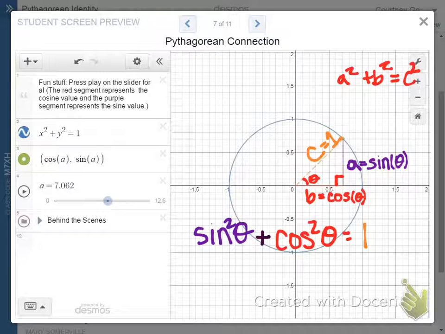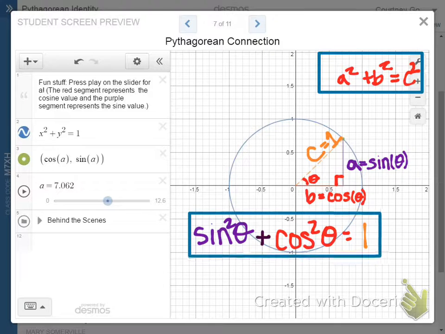Okay, so using the Pythagorean theorem, we are able to come up with the Pythagorean identity by looking at a generic triangle in the unit circle.